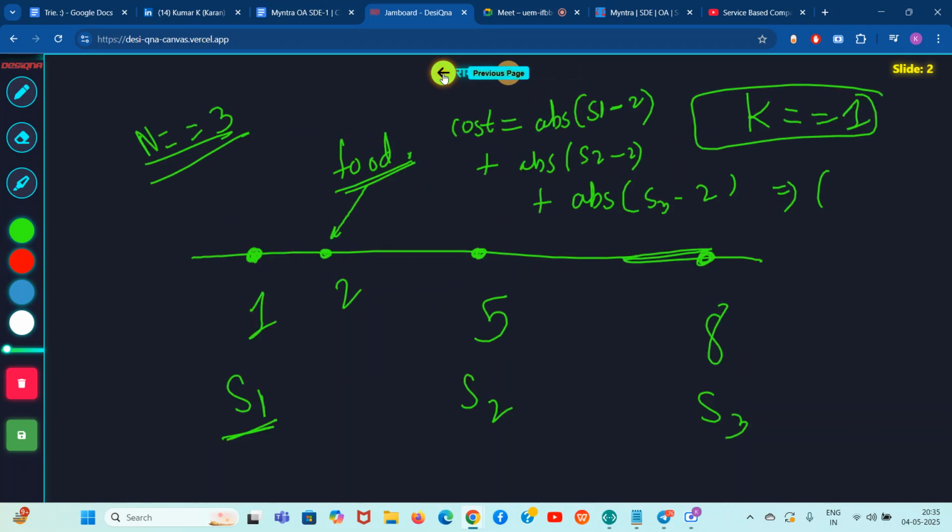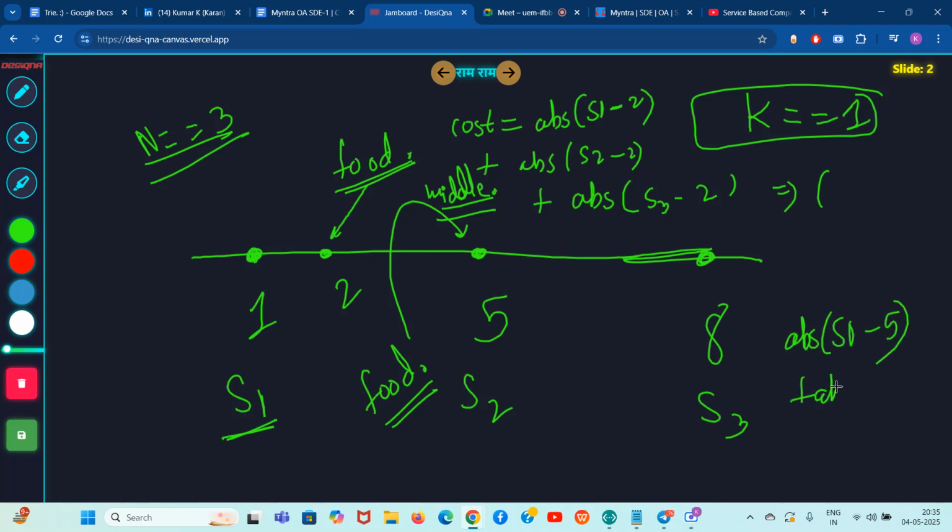Now, let me keep the food at 5, at the middle. Now what's going to happen? Will you sit and cry? No. If you keep the food at the middle, what will happen? Absolute of S1 minus 5 plus absolute of S2 minus 5 plus absolute of S3 minus 5. All squirrels have to come to 5.